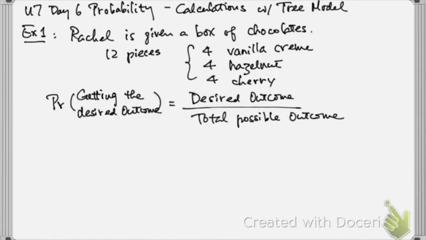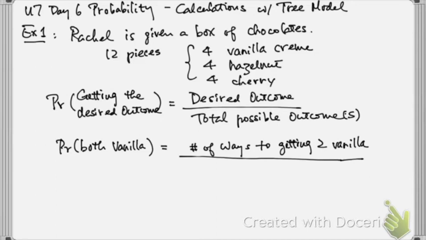Okay, let's review again the definition of probability. The probability of getting a desired outcome is equal to the desired outcome divided by the total of possible outcomes. Okay? So let's apply this to our particular situation.